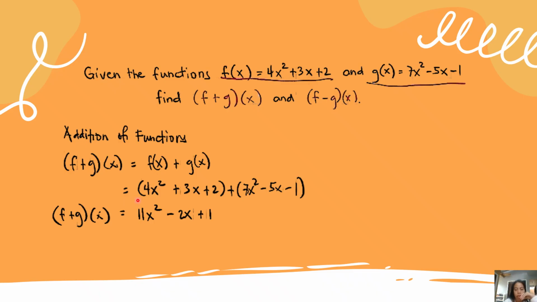Next, we replace f of x and g of x with their given polynomials. So our f of x is 4x squared plus 3x plus 2, and our g of x is 7x squared minus 5x minus 1. Next, to simplify, we combine the like terms that have the same variable and exponent. Then the final result of the addition of functions is f plus g of x is equal to 11x squared minus 2x plus 1.